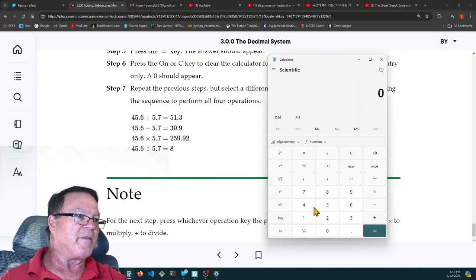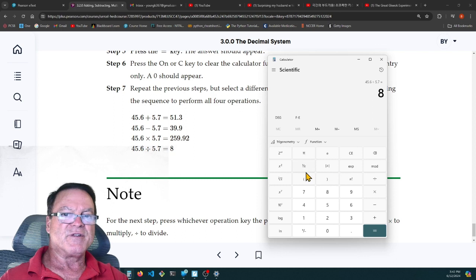Sorry, I'm having trouble with my mouse. 45.6 minus 5.7 equals 39.9. 45.6 times 5.7 equals 259.92. 45.6 divided by 5.7 equals 8. So that's how you use a calculator.